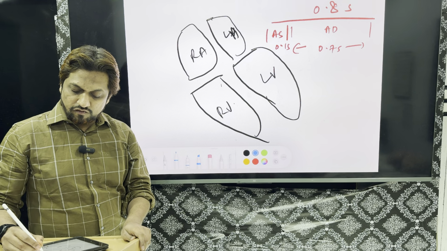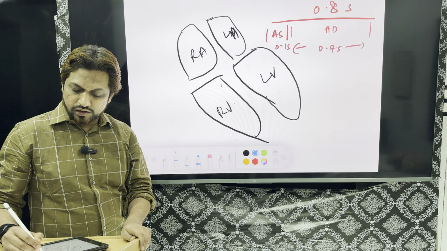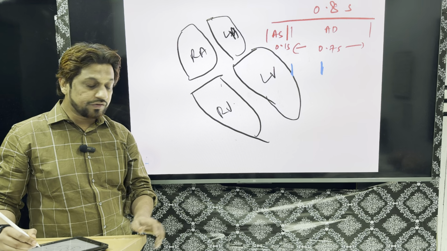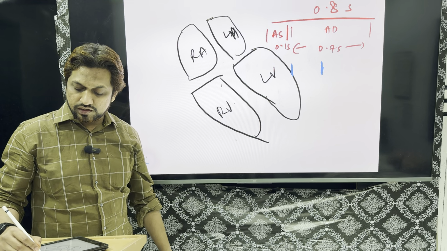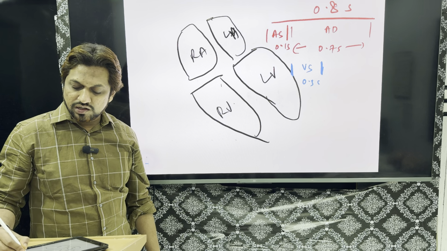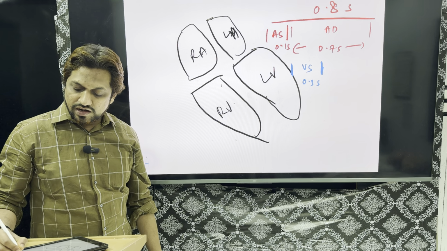Ventricular systole, which will be coinciding with the atrial diastole, is around 0.3 second, and ventricular diastole is around 0.5 second, out of which 0.4 second coincides with the atrial diastole and the remaining last phase is coinciding with atrial systole. This is also ventricular diastole.